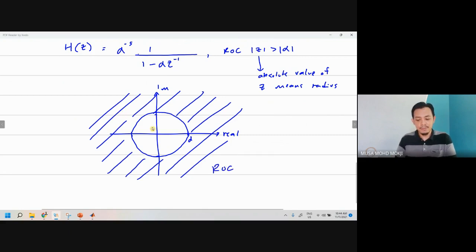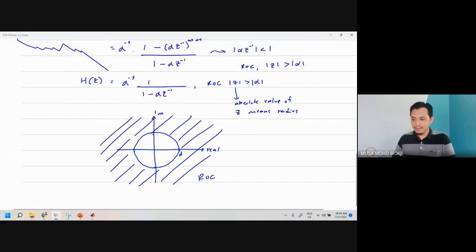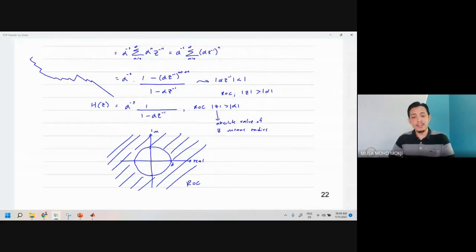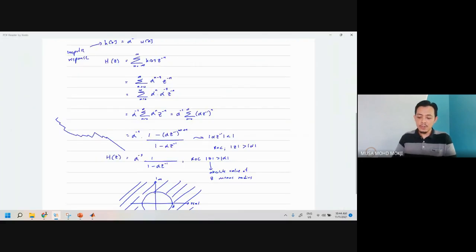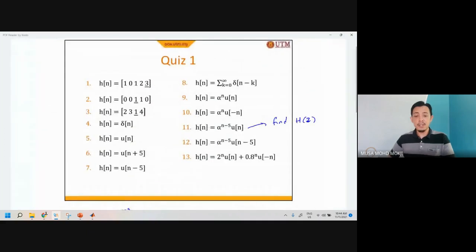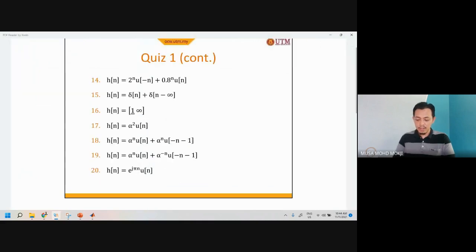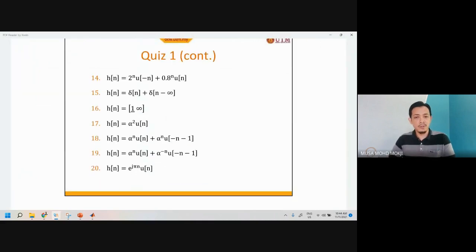Okay, did you get the same answer? Hopefully you get this. If not, look at it again and try to understand. Make sure you do a lot of exercises. Even in this Quiz 1, we have questions 1, 2, 3 up to 20. So make sure you do them.